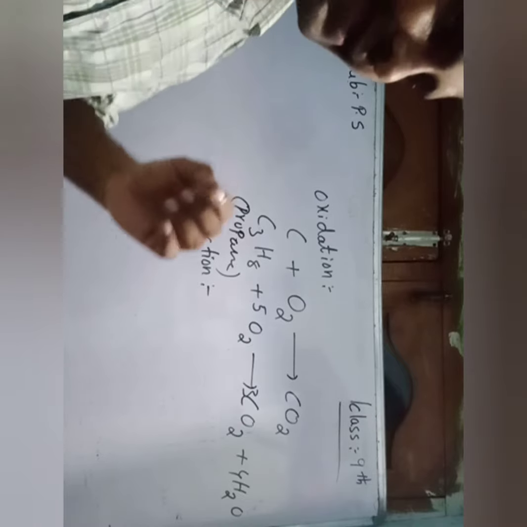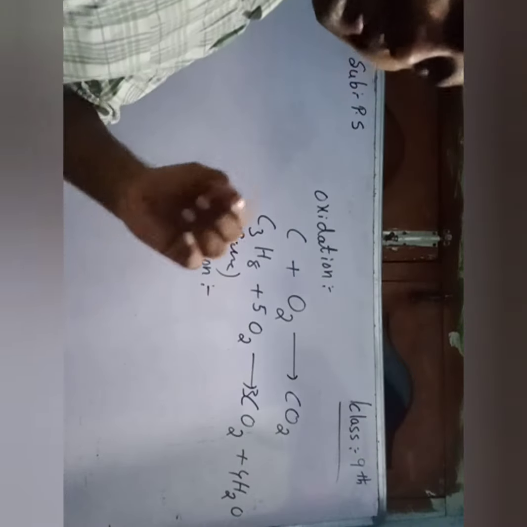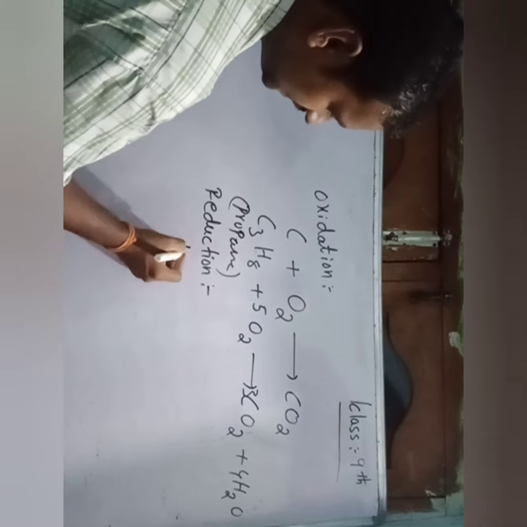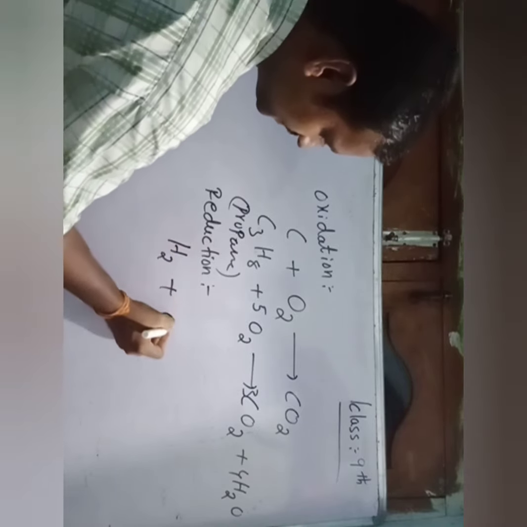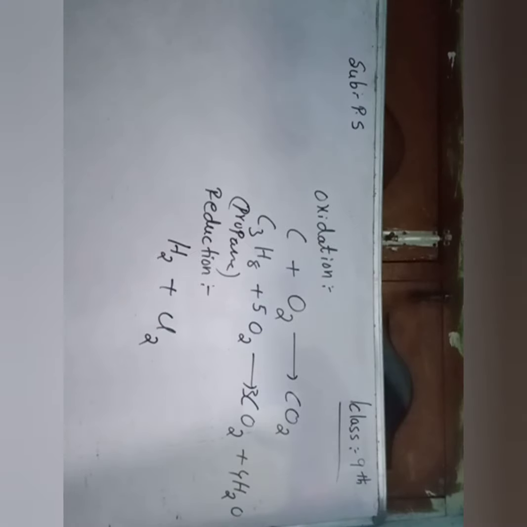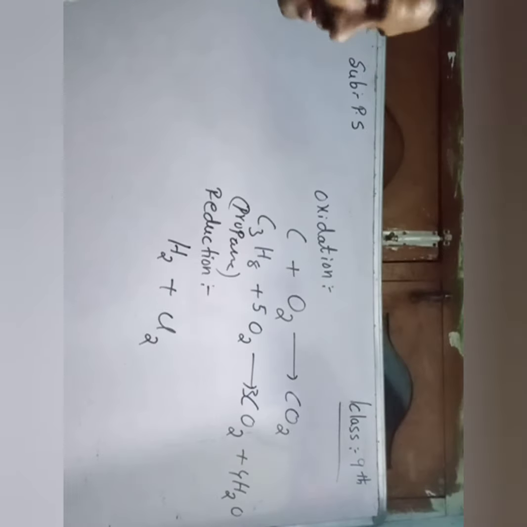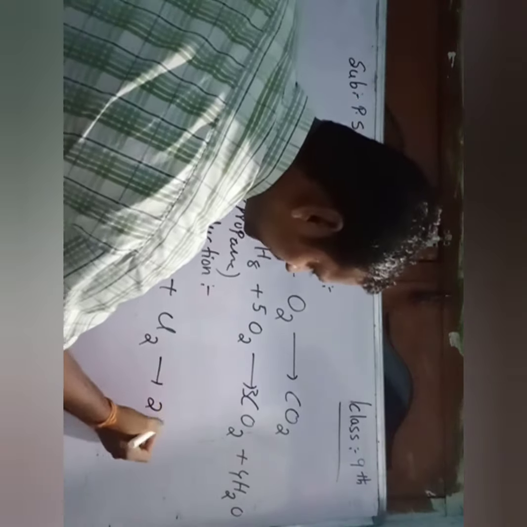Now reduction. What is reduction? Take H2 and Cl2. Cl2 is chlorine gas, H2 is hydrogen gas. Now H2 reacts with chlorine gas to give 2HCl, hydrochloric acid.